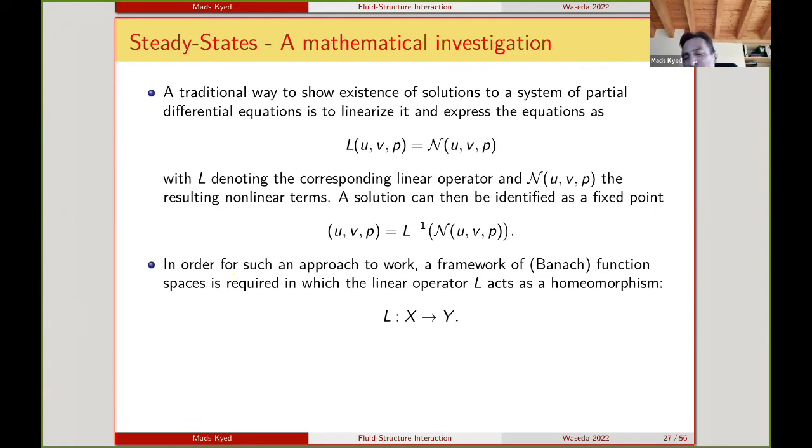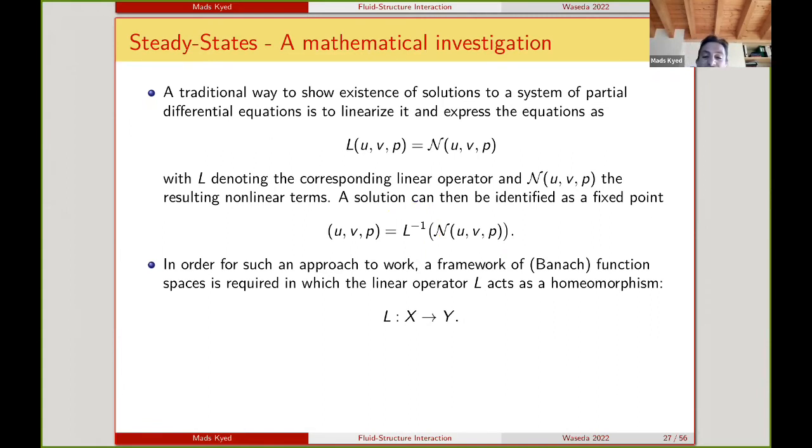That's usually when we do PDEs, the framework that we are aiming to find. And of course we need a framework in which the linear operator is invertible, and the inverse should be continuous. Otherwise, it'll be difficult to find fixed points.